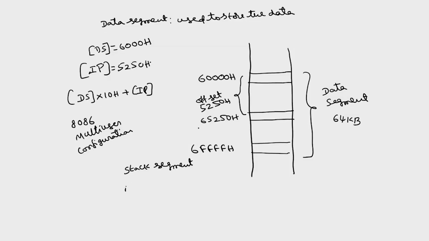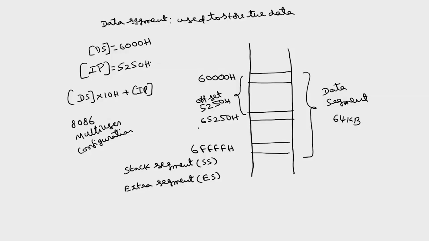There is one more called the extra segment. The extra segment basically stores the excessive data. There is a data segment which can store 64 kilobytes of data. If the data is in excess of 64 kilobytes, that excess data can be stored in the extra segment.